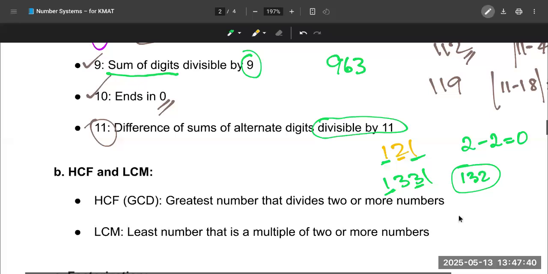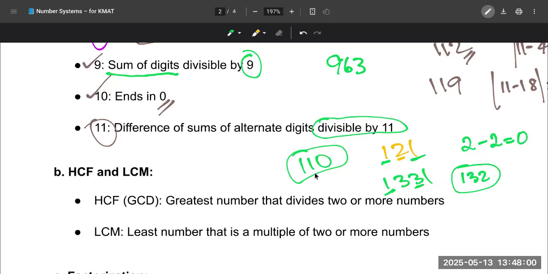What happens to 11 minus? Okay, I cannot think of a number. 1199 plus 1110. 110 is 1 minus 1, 0. Okay.